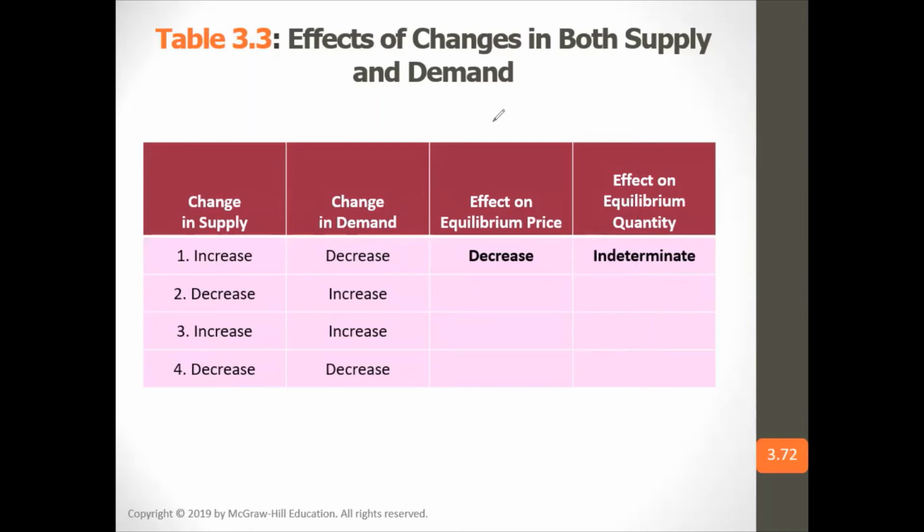If supply decreases and demand increases, the price increases, but we don't know what happens to the quantity. If supply increases and demand increases, we don't know what happens to price, but we know that quantity increases. And if supply decreases and demand decreases, we don't know what happens to price, but we know that quantity decreases.